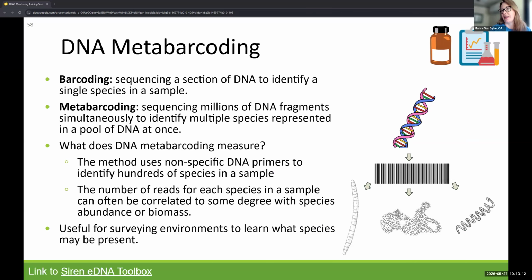Another type of DNA analysis you can have performed is metabarcoding. This is analysis performed on a small aliquot of your sample, where they sequence sections of DNA to determine what cyanobacteria genera, or even species, are in your sample.